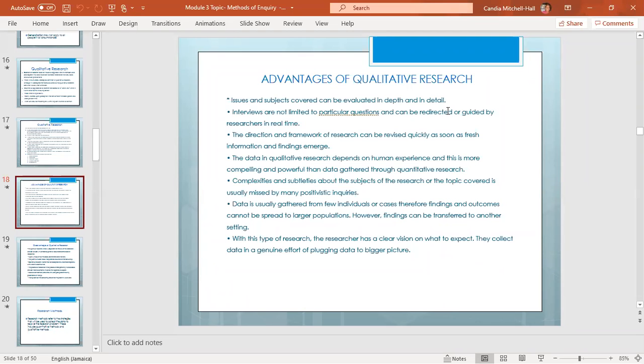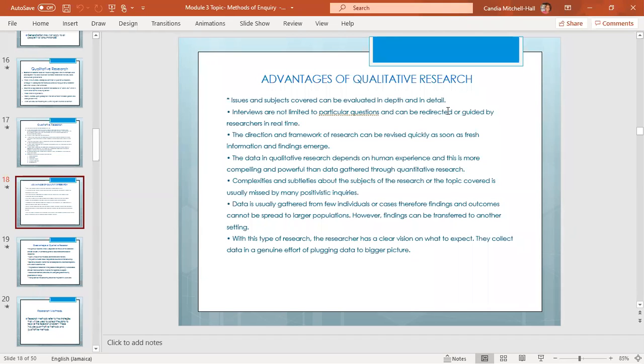If you are doing research on the impact of tropical storm Ita on residents in Garden Town, right? You're going to the field, the qualitative part of the research, and you have your questions and you ask the persons in Garden Town.